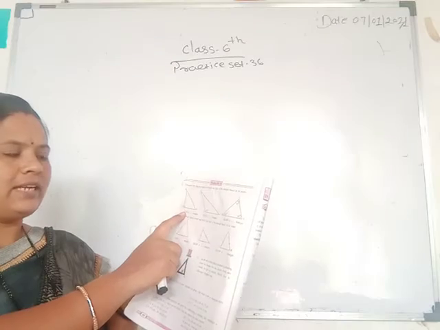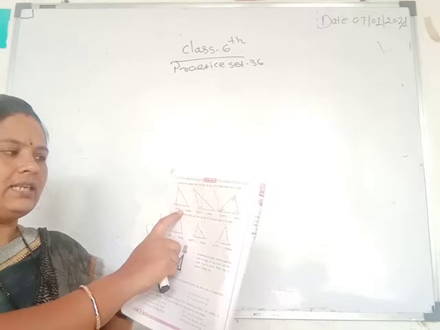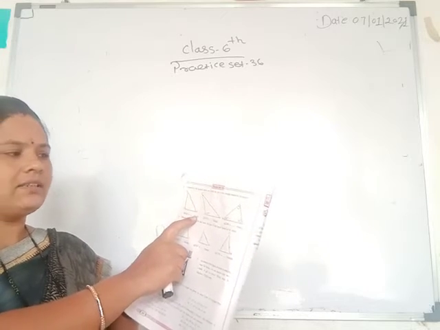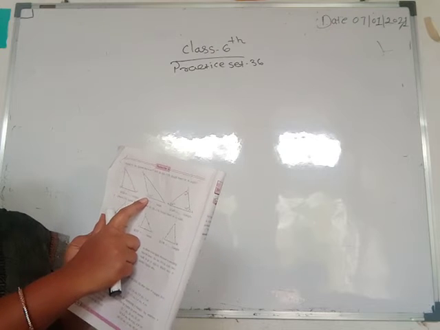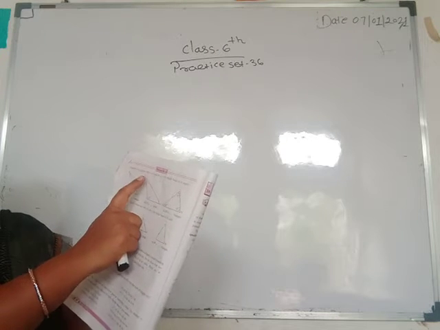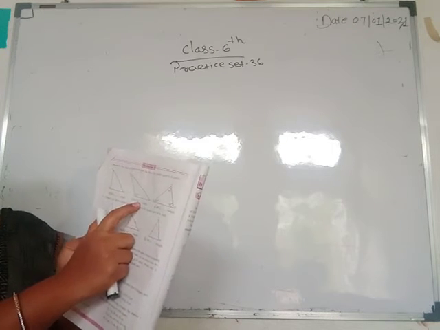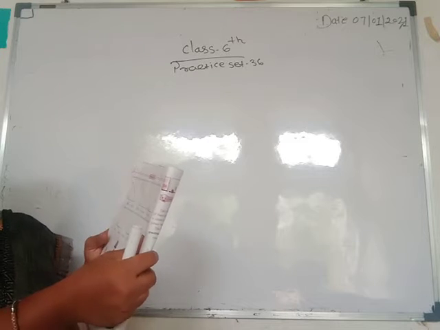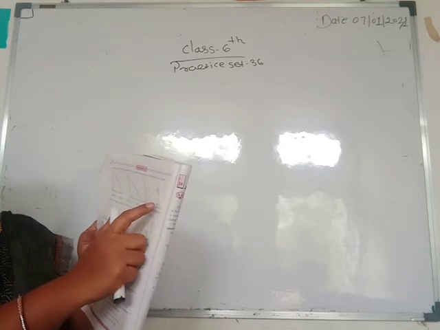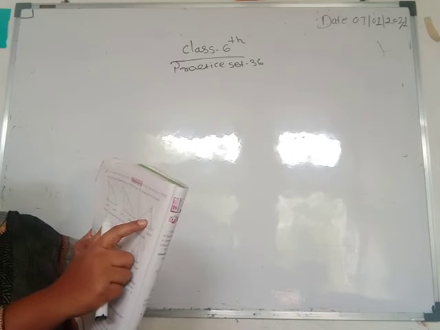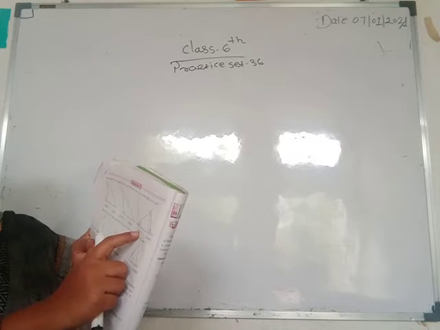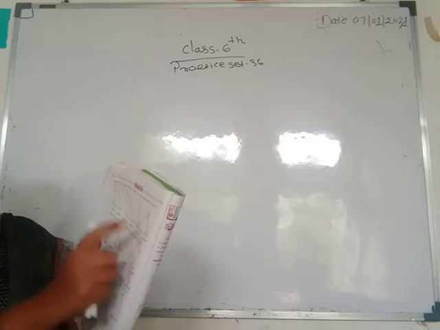In homework you write: triangle PQR is a right angled triangle. Second one, here one angle is an obtuse angle, so triangle XYZ is an obtuse angled triangle. Third one, see LMN: all angles are acute angles, therefore LMN is an acute angled triangle.